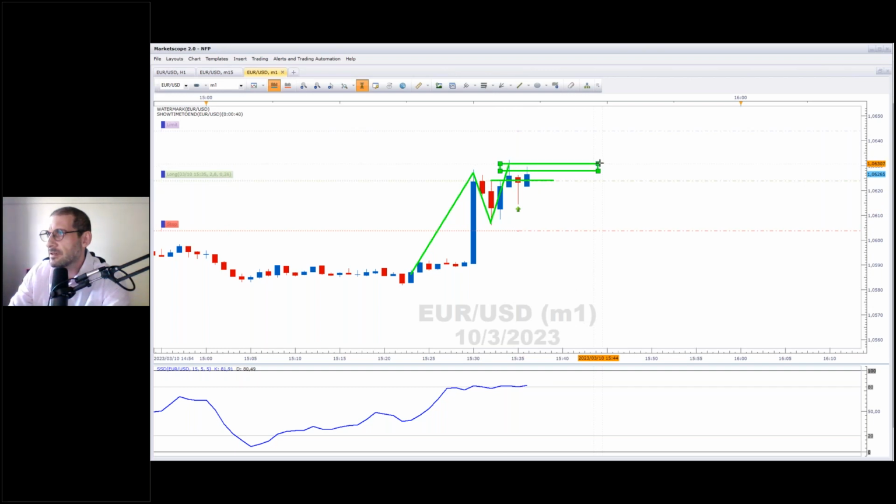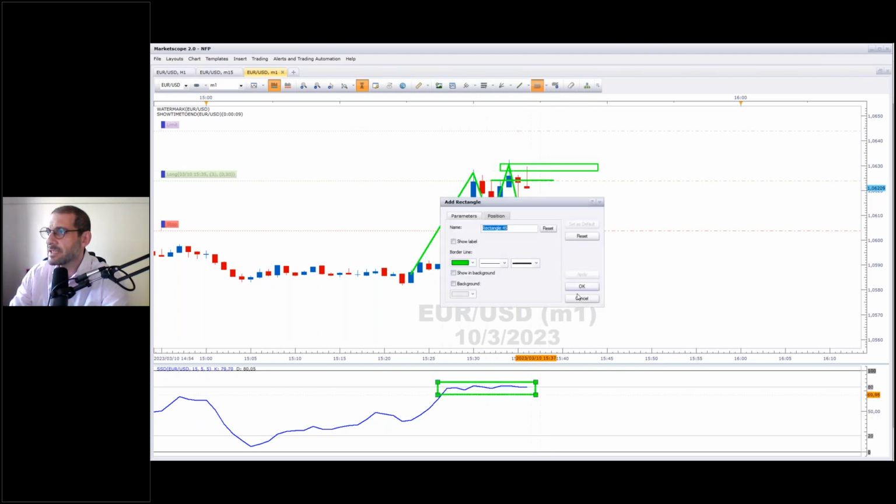This is our first hurdle. If we can overcome this resistance, we can start moving the stop up. Okay, resistance still fighting us. Okay, keep an eye on the stochastic. If the stochastic falls here, we might be in trouble.